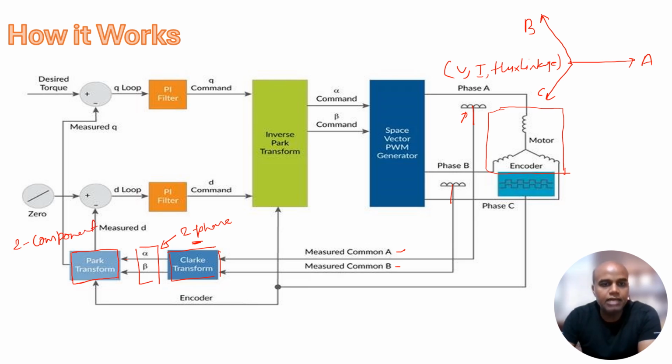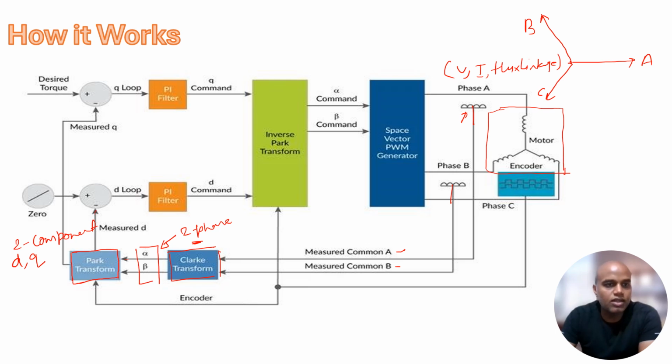So again, I'm just repeating: the Park transformation converts the two-phase stationary frame into the two-component arbitrary rotating frame, which is nothing but the D and Q. So for the converted D and Q, I have two loops.